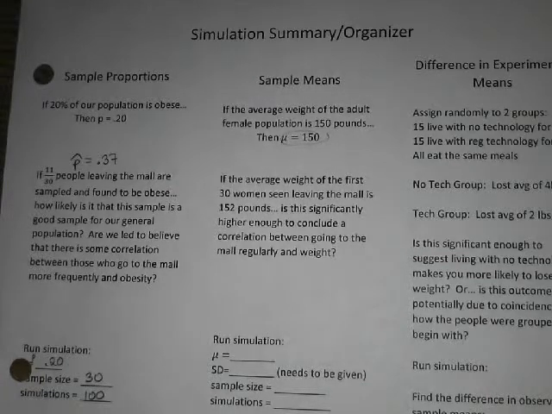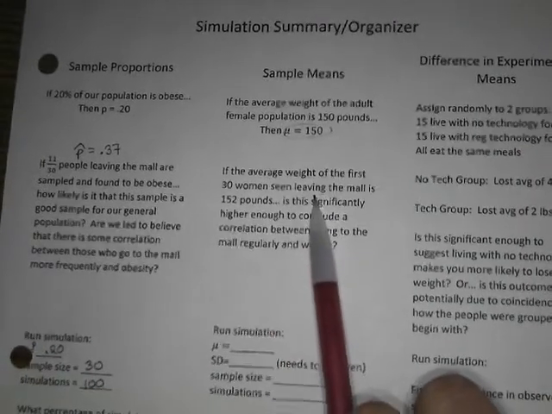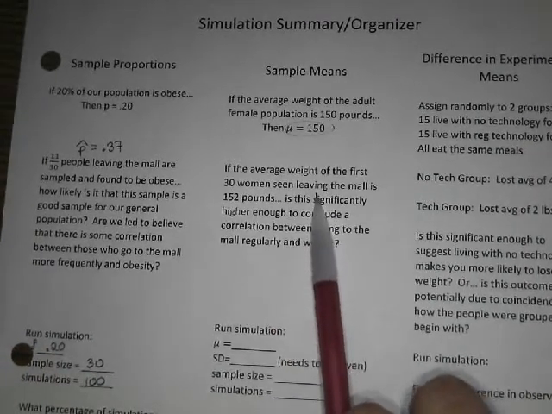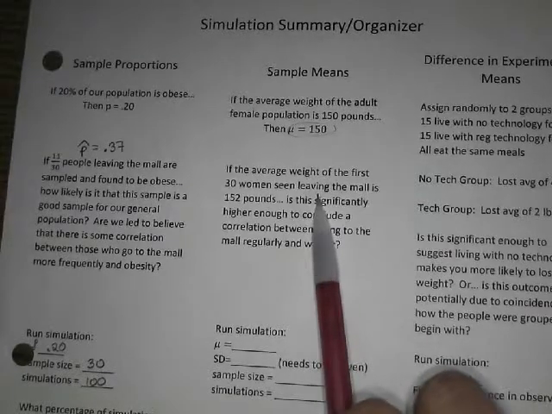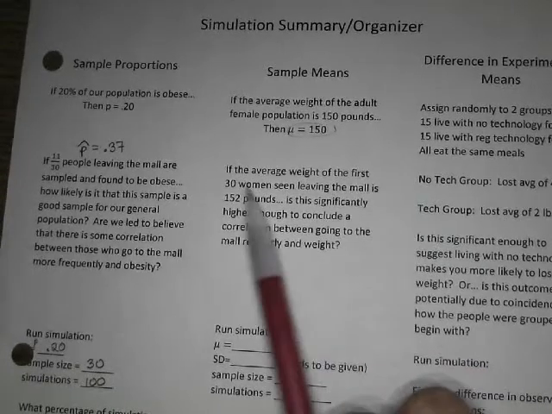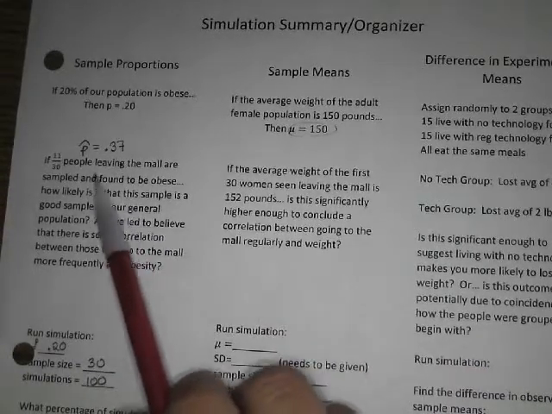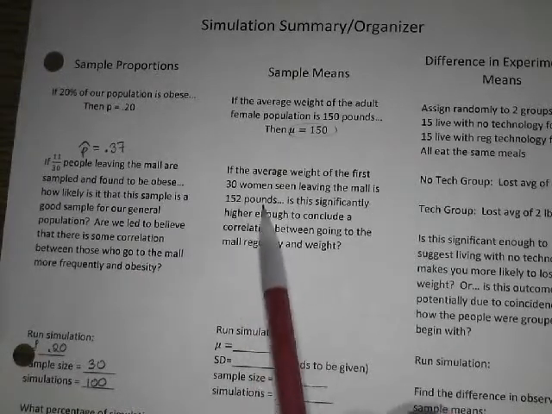If the average weight of the first 30 women seen leaving the mall, so we're still sampling the first 30 people leaving the mall, that part I kept the same. It's not an experiment, actually. It's an observational survey. But instead of coming up with the proportion of them that are obese, I'm just coming up with the average weight of those 30 people.